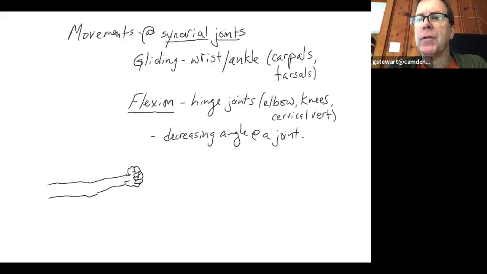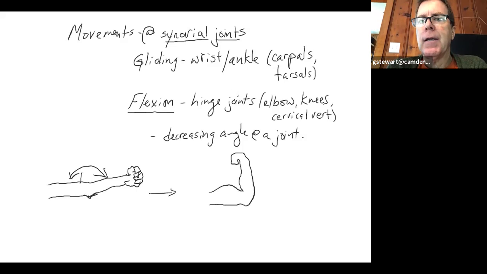And then you make a muscle, or you try to flex, contract your biceps brachii. What you've done is you've decreased this angle. So here's the joint, the elbow. We've got 180 degrees when we extend our arms straight. When we flex and make a muscle, we've decreased this angle to 90 degrees. That's why we say it decreases the angle at a joint.